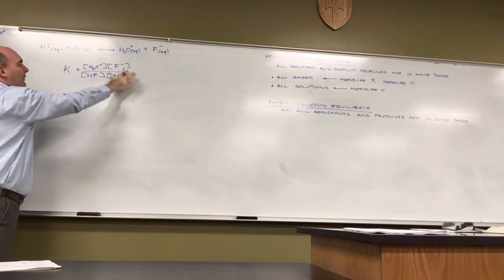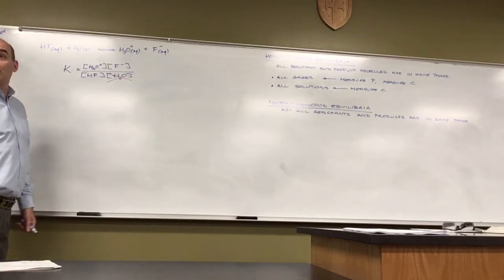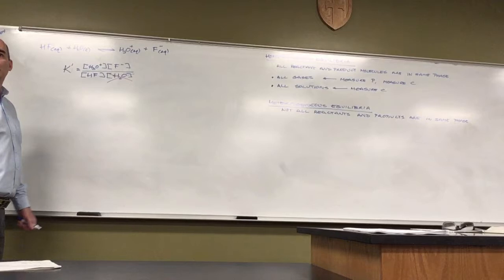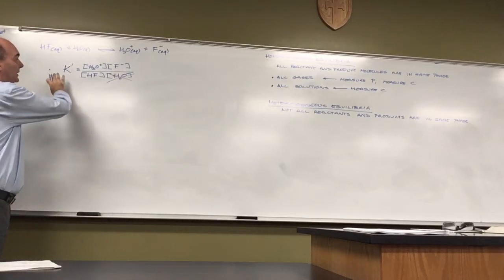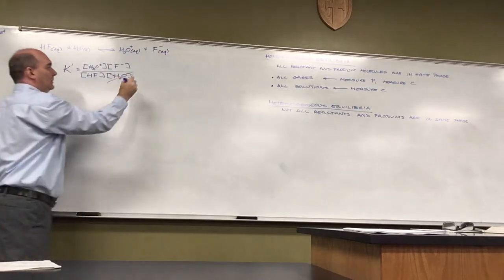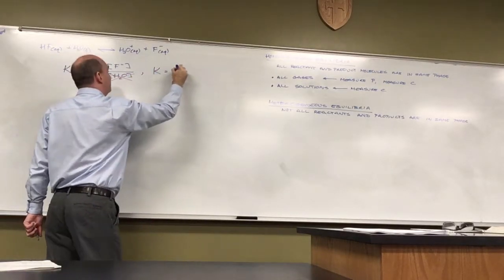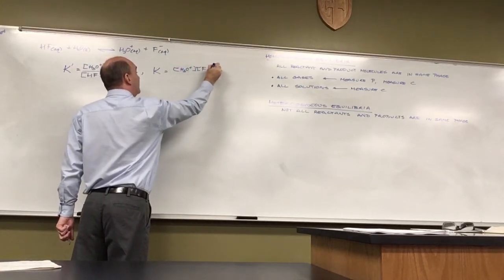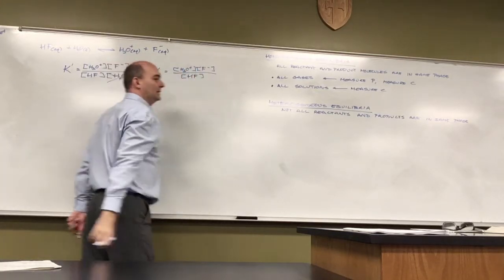So when you write down an equilibrium expression and you know it's wrong, you mark it with a dash. So the K dash for this is this expression. The K, when you know to exclude something that doesn't matter, looks like this.